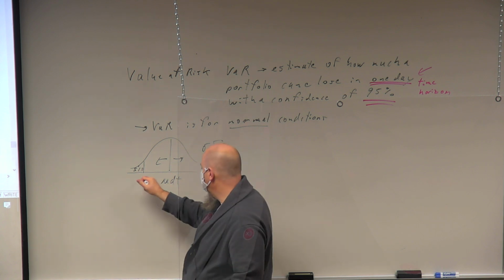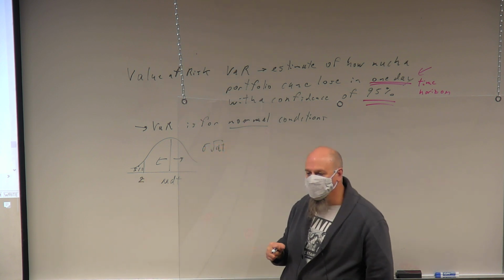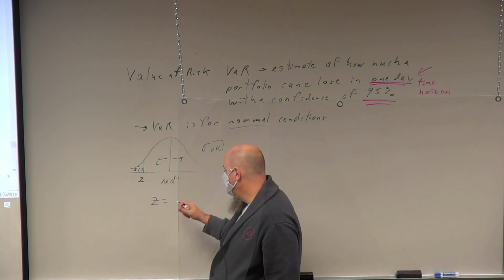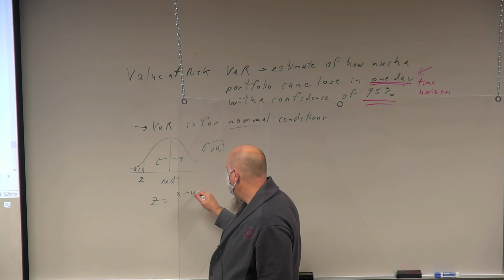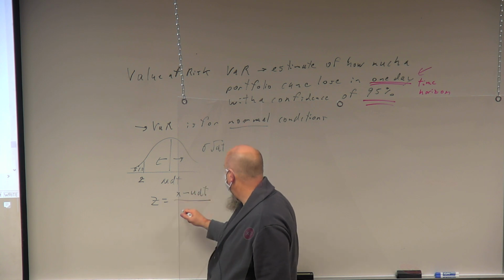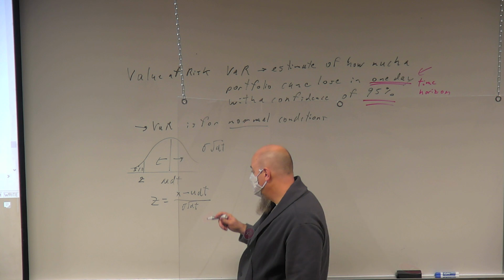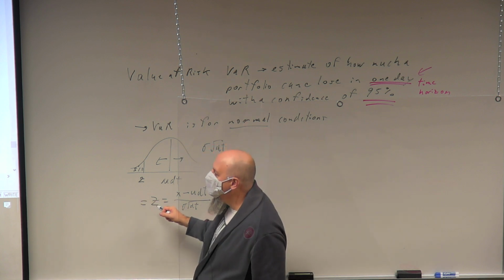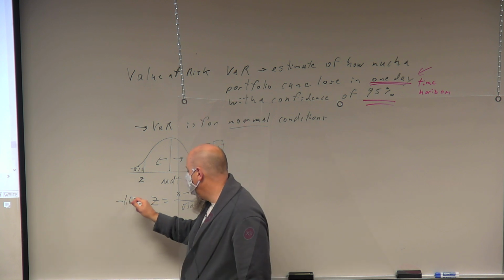I just need to figure out what's the Z score that puts 5% in the tail, and a Z score is equal to the actual return you get minus the expected value, all divided by the standard deviation, right? So for 95%, that's minus 1.64.